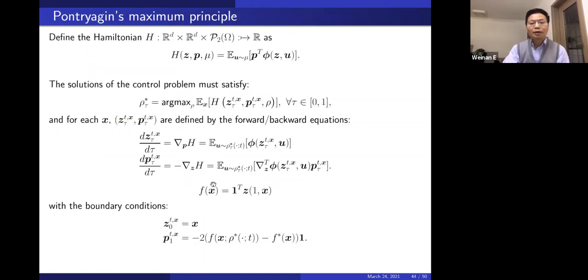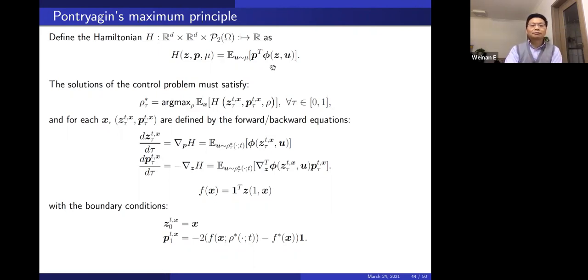In control theory, a very powerful tool is the maximum principle. So this is the maximum principle restated. We define the Hamiltonian over this state, co-state, and parameter space. Now the parameter space is the space of probability distributions with finite second moment. And we define this Hamiltonian.